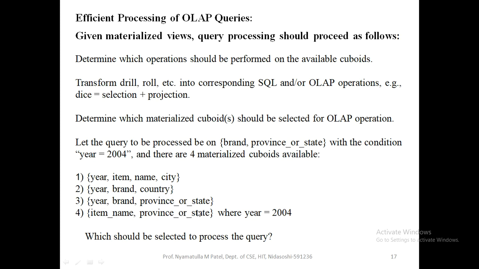So, the only option left for me to use is the materialized cuboid year, brand, province or state. This is how I need to select the materialized cuboid. Whenever a query is put in front of me, I need to check the materialized cuboids and select the cuboid which gives me the proper answer with the least cost.